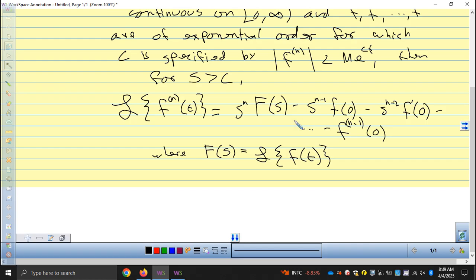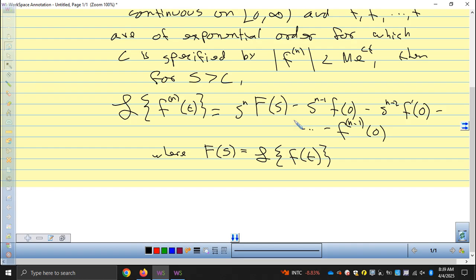And let's think for a second about why we end up with these f of 0, f prime of 0. If we think about our definition of the Laplace transform, we're integrating some function from 0 to infinity. So we're going to evaluate these things at 0. So I'll show why this works. It's not complicated to understand why this is the case.